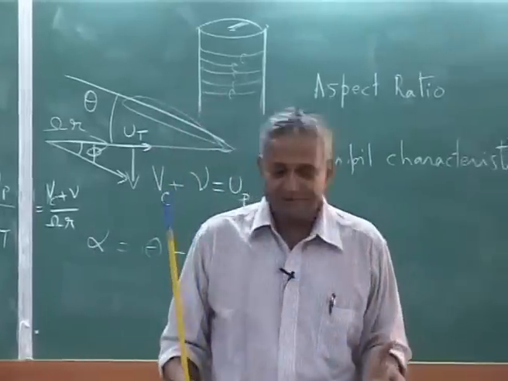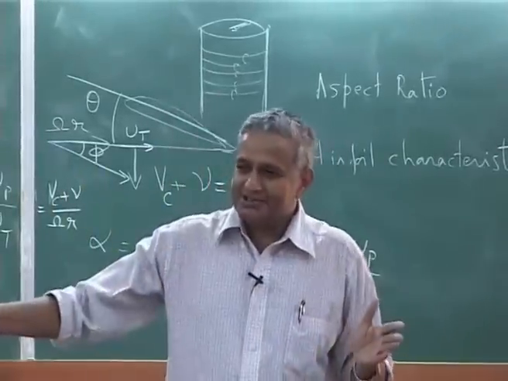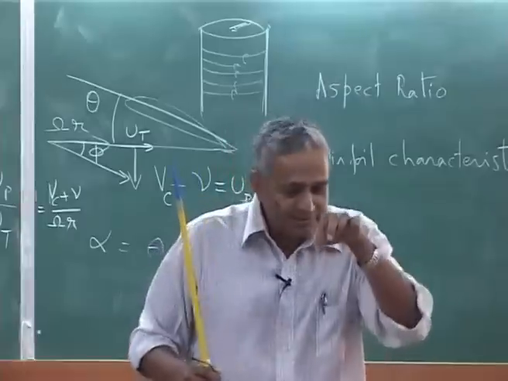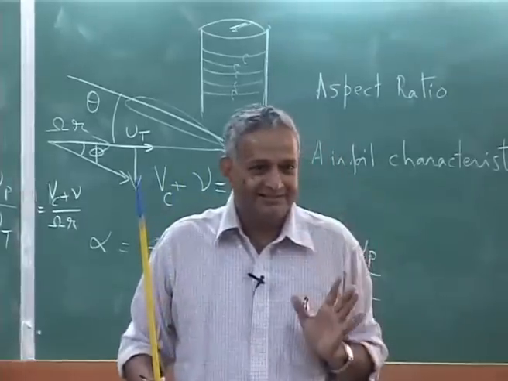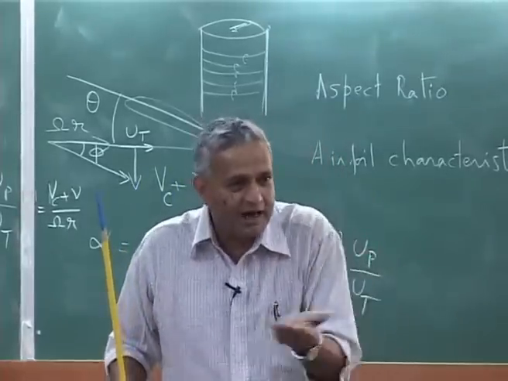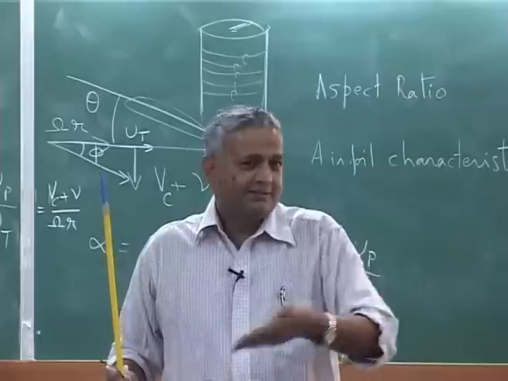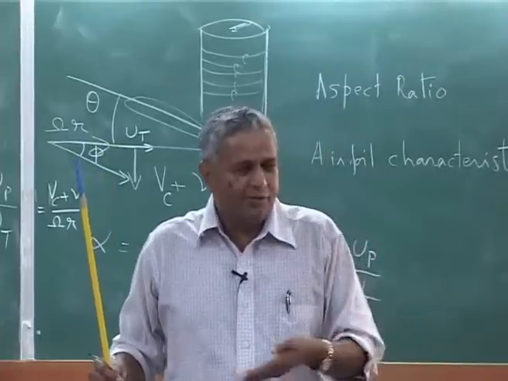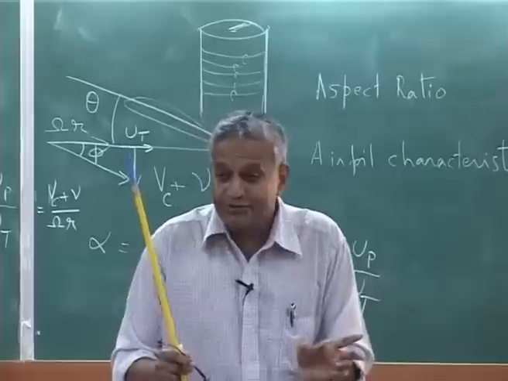But usually what happens is your aerodynamic section starts not from the center of the hub. And another thing is the omega r, the dynamic pressure due to velocity, is very small near the root.